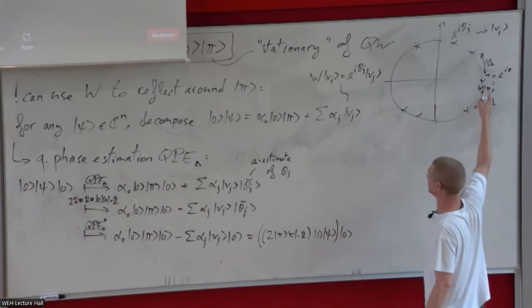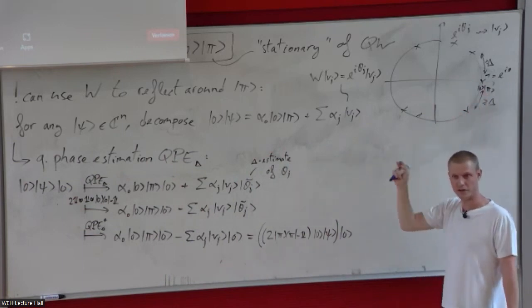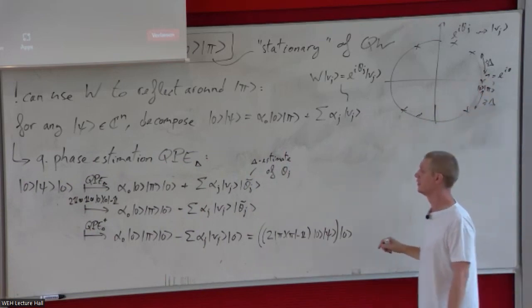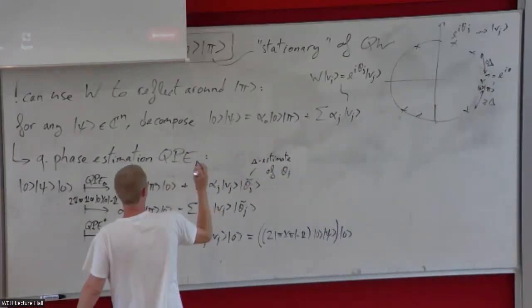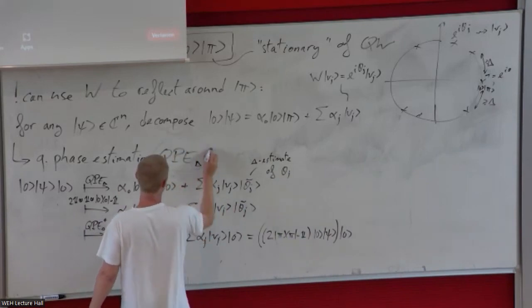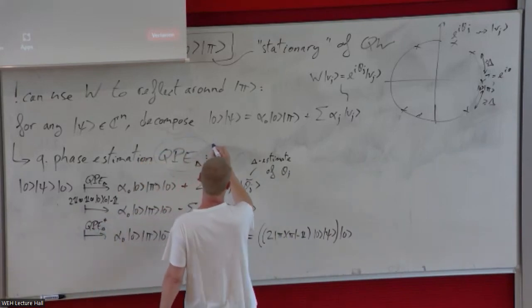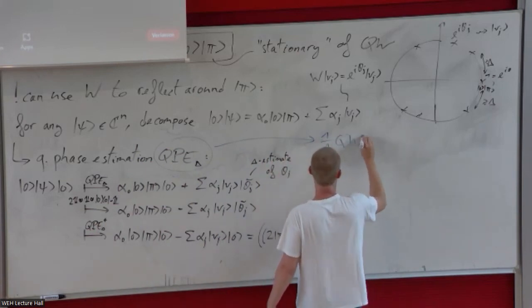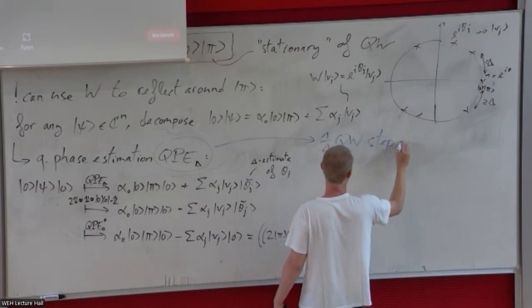But if delta is small, you need a better resolution to kind of distinguish the one eigenvector from the ones close to it. So the delta shows up in here, and this is exactly the cost of the thing, right? What you can show is that this requires something like 1 over delta quantum walk steps.